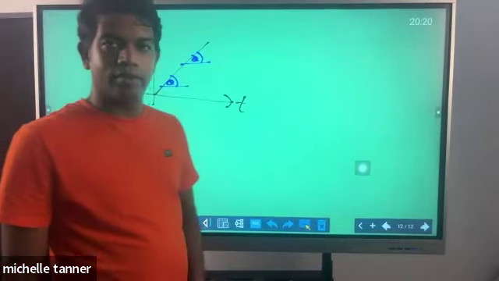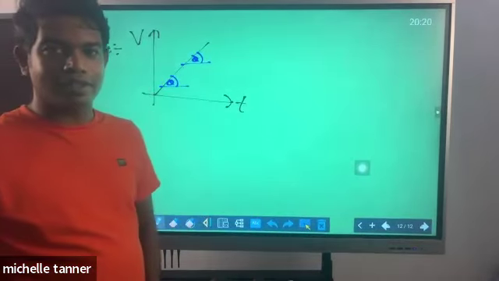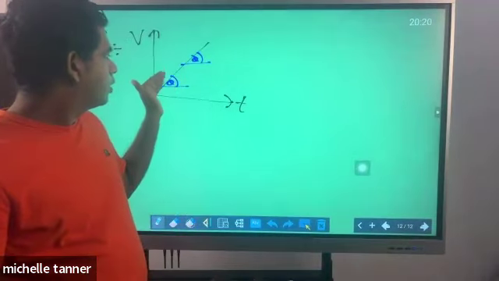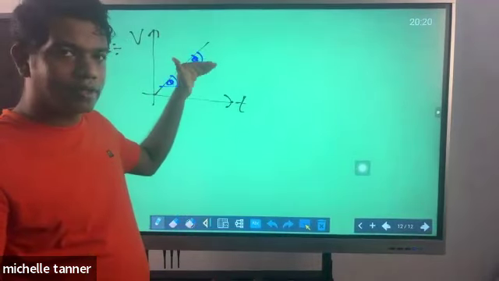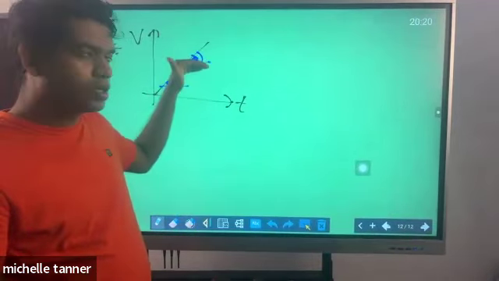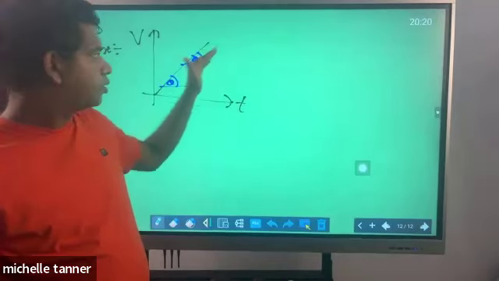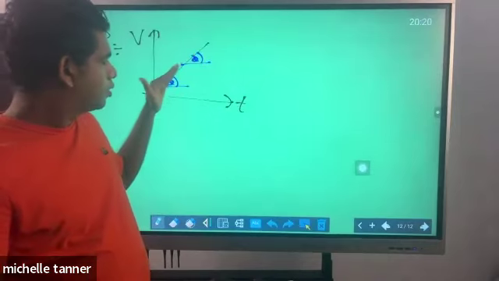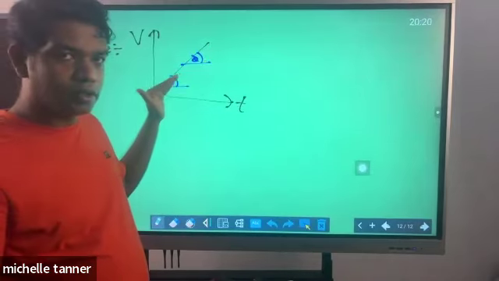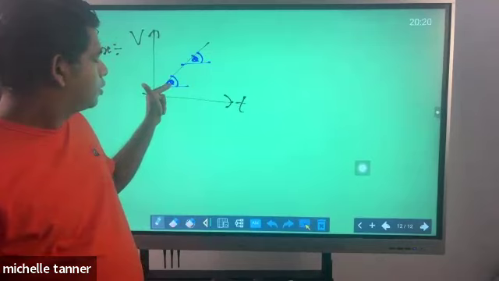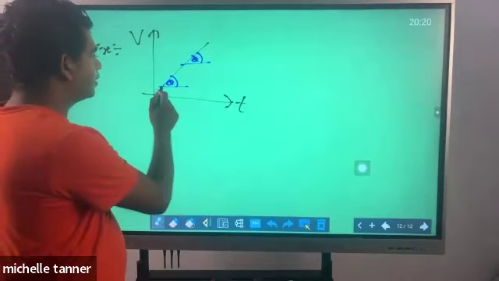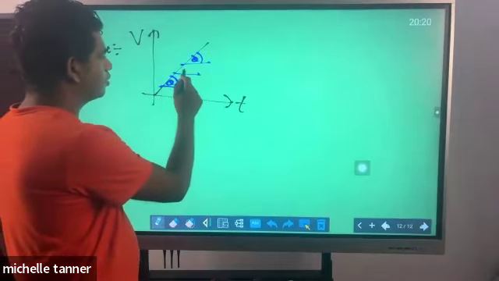Then tan theta gives the acceleration. Is the angle made with the horizontal constant or varying with time? Constant, no? This horizontal angle is constant, no? Is it clear?